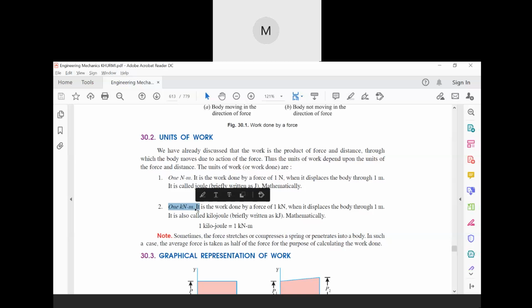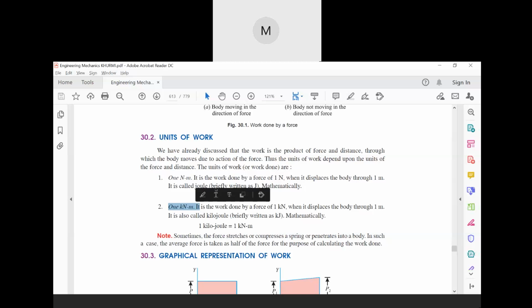Similarly, 1 joule work done is the amount of work done when 1 Newton force is acting and the body is displaced by 1 meter.